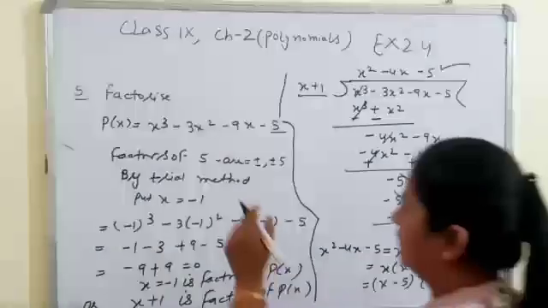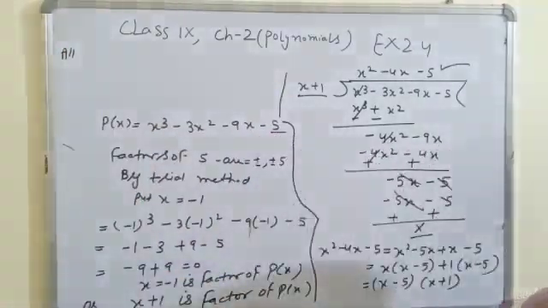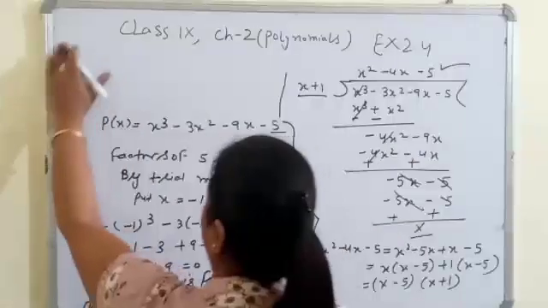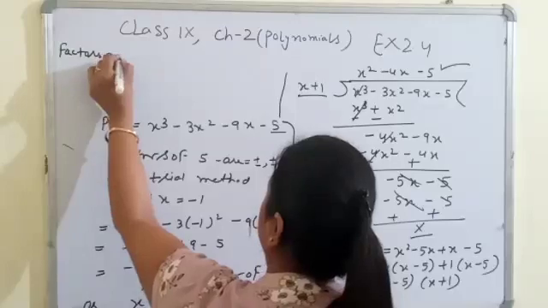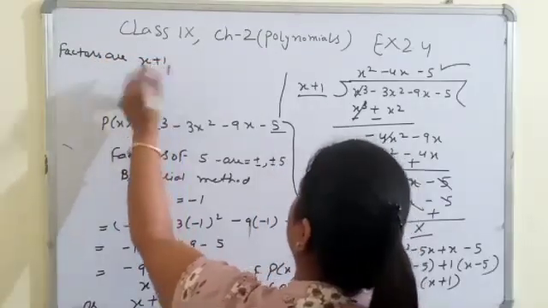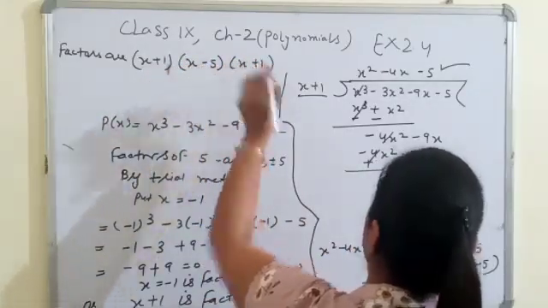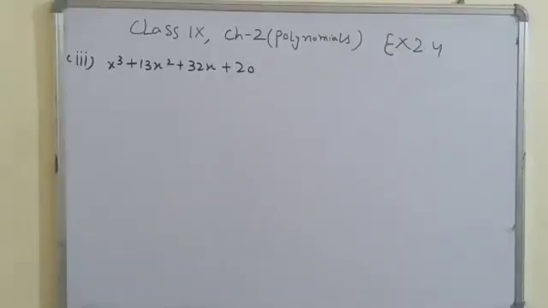So all the factors are: first one is x plus 1, second is x minus 5 and x plus 1. These are the factors for this cubic polynomial which we found by the trial method. This is very important.